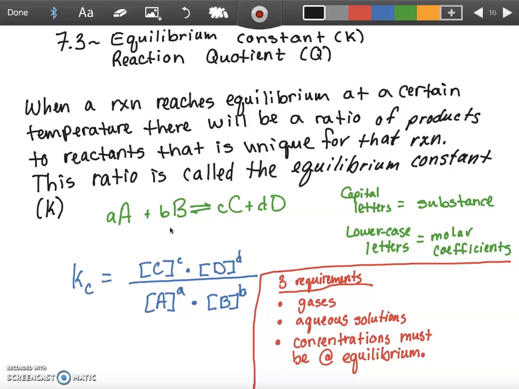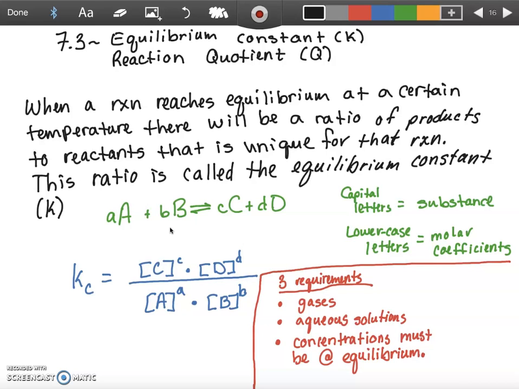You multiply the concentrations of the products together, with each product raised to the power of its molar coefficient, and then you divide that by the reactants. So you will multiply both reactants together and then raise them each to the power of their molar coefficient.